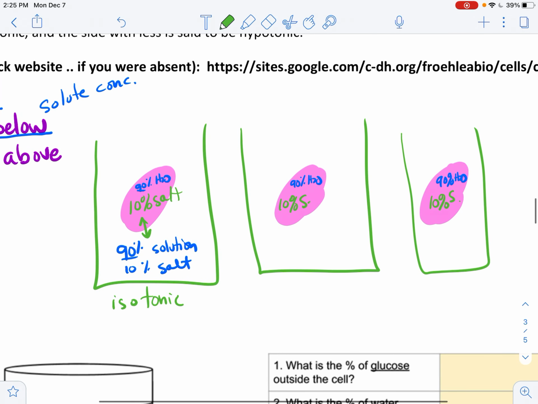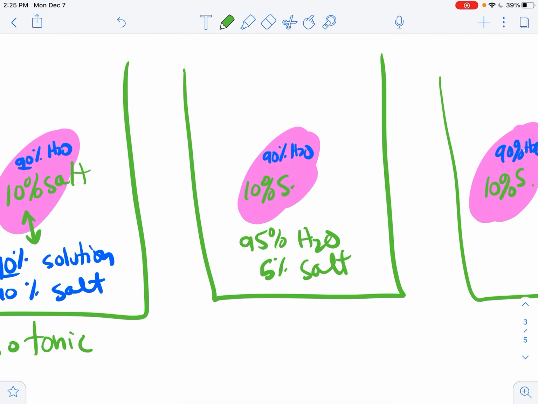All right, let's move over to this one. Now in this beaker, I have a 95% water, 5% salt solution. Now, remember, water moves, not salt. So we've got 95 and 90. So it moves from high to low. 95 is higher, so water is going to go in.